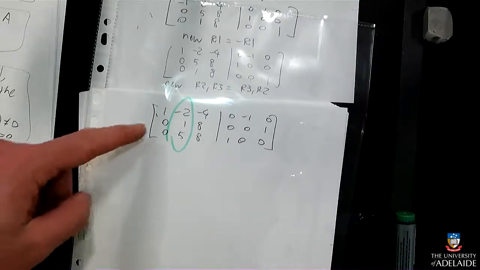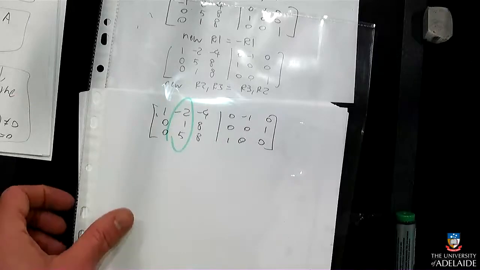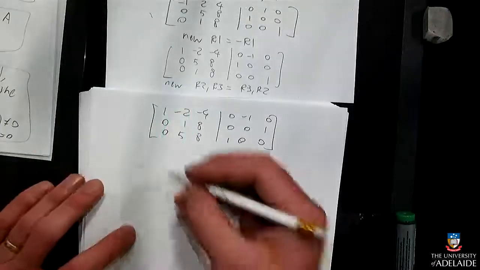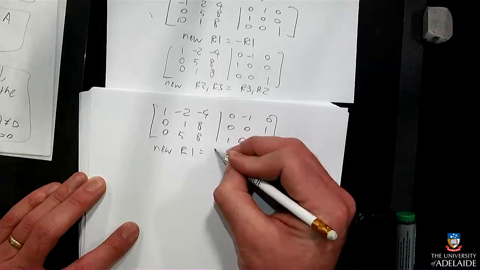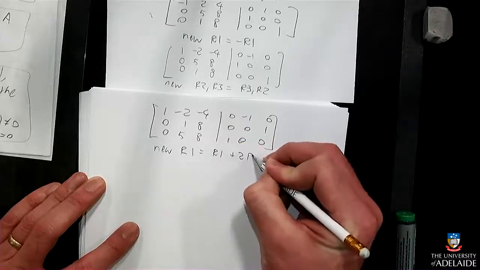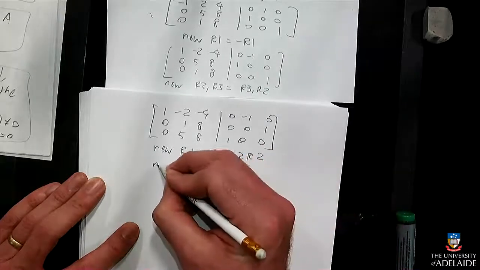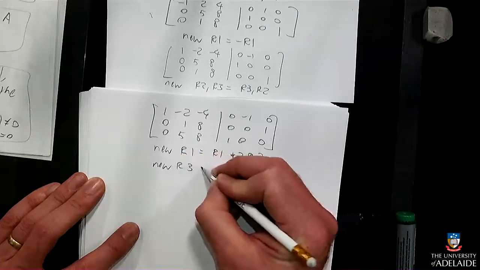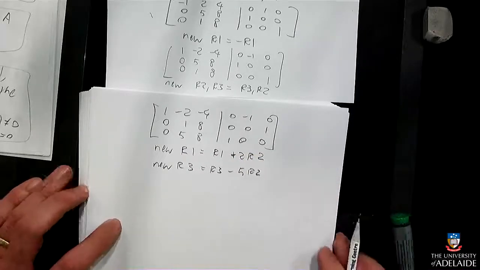So since row 2 isn't going to change, I can use it to affect both of the others. Pardon me. So let's see. My new row 1 will be my old row 1 plus 2 lots of row 2. And my new row 3 will be my old row 3 minus 5 lots of row 2.